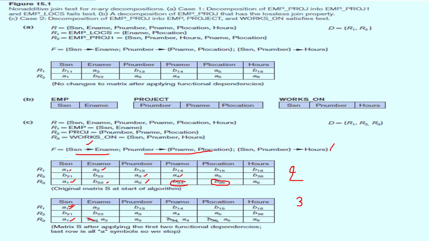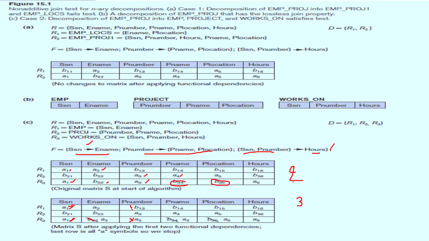Here SSN is the same, but the P numbers are not the same. If it is not the same, then you leave it as it is. If it is the same, then you have to change the hours also. That criteria is not fulfilled here, so you leave it as it is.